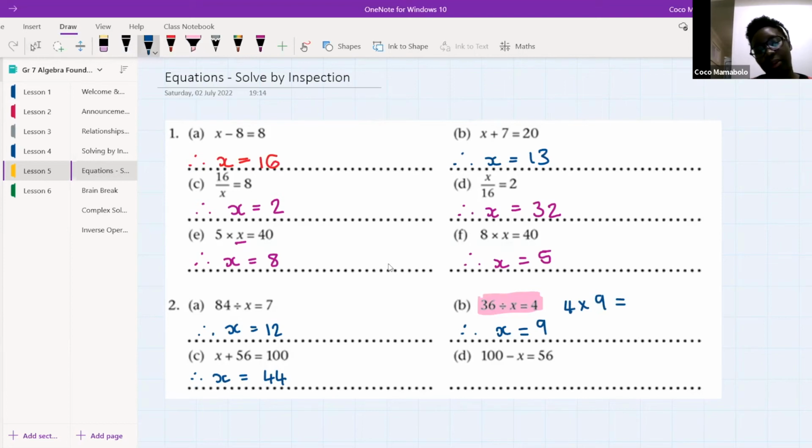Anyone in the chat can help us here. 4 times 9. Scarly says 36. Very well done. Nagy also says 36. Now I want to do the opposite. I want to ask you, Nagy, what is 4 times something?